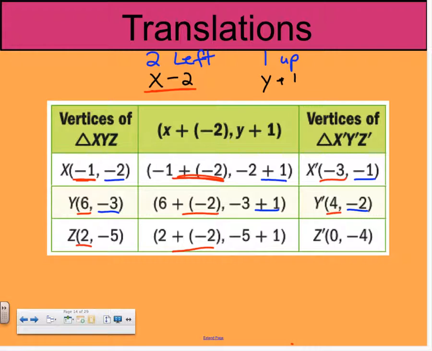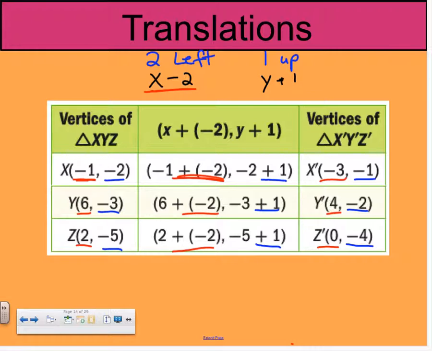We subtracted 2, ended with 0. And for the final y coordinate, they had -5, added 1, and came up with -4. So basically, to break this down, we use the information given, the directions left and right, up and down, and that lets us know what to do to the x and the y coordinates.